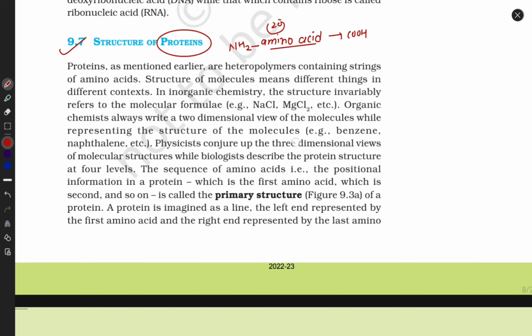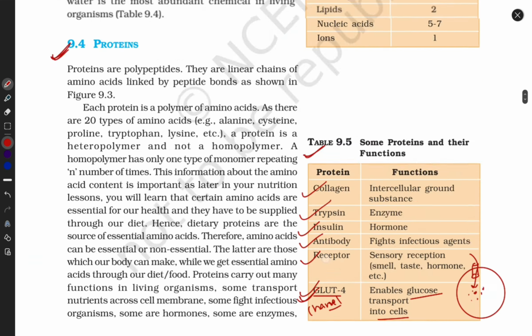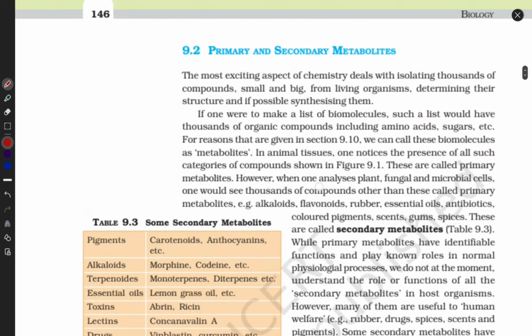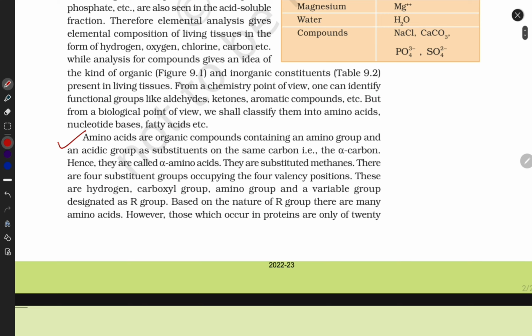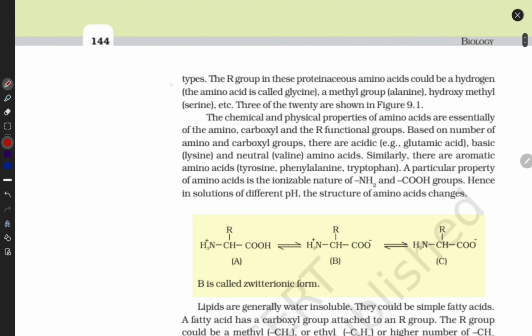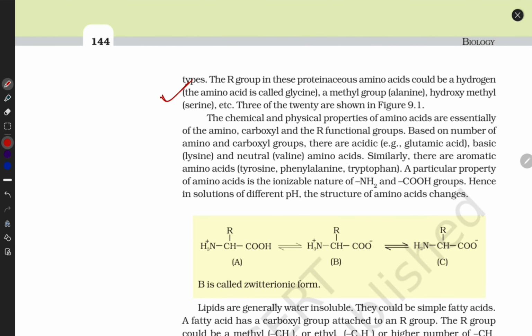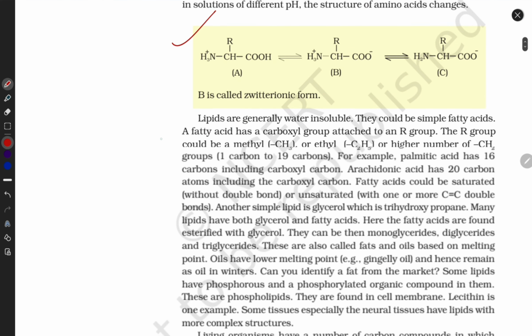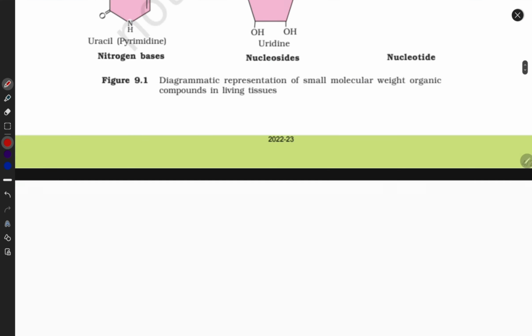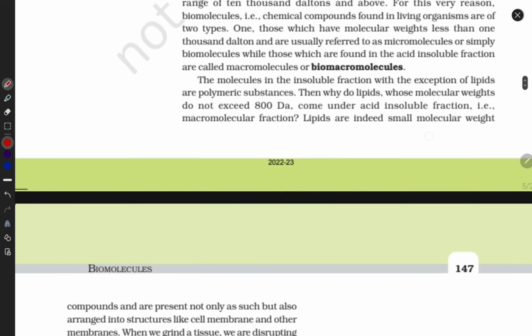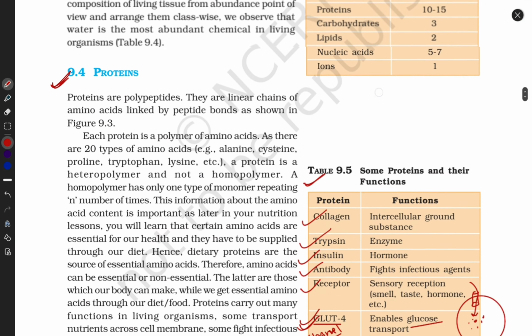I completely described in an elaborate manner amino acids, their types, their structure, their mechanism. I already described lipids, nucleic acids, everything at the start of the chapter. So you can watch that video first.